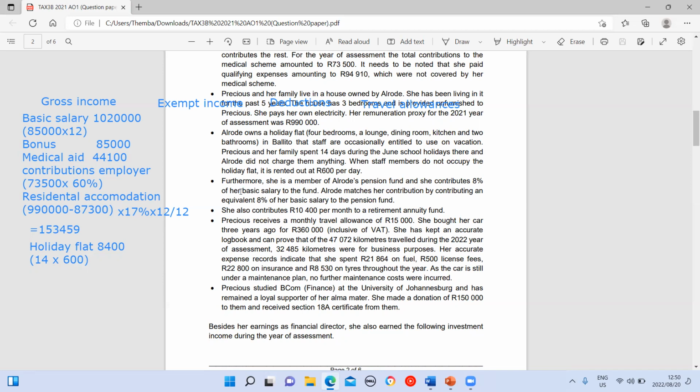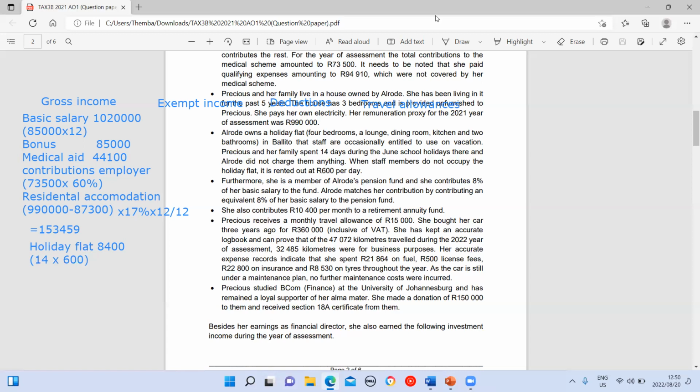The principle that will apply here is the same as the principle applied for the medical aid contribution, because this is an amount received from the employer as a result of employment. It's separate from the fringe benefit. It is not a fringe benefit. This is like cash received from the employer, but it was given to the pension fund for the employee's benefit.